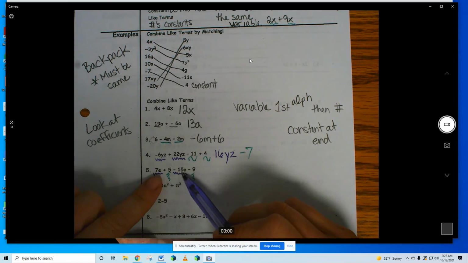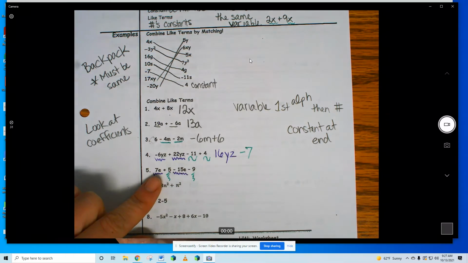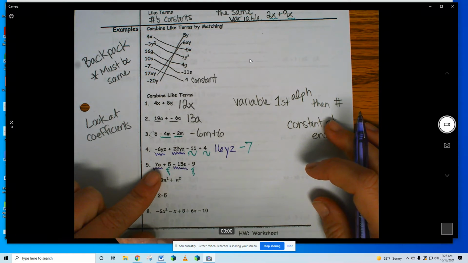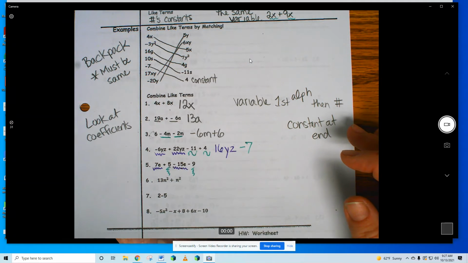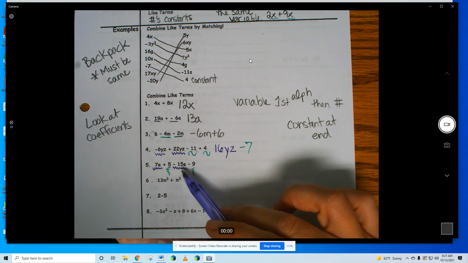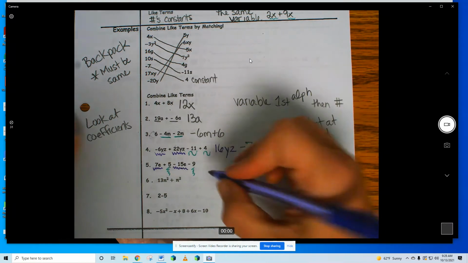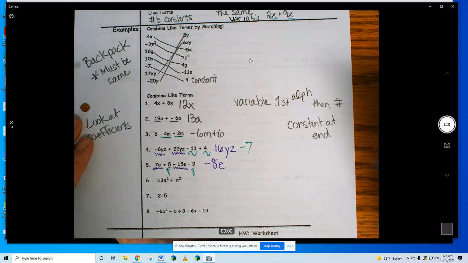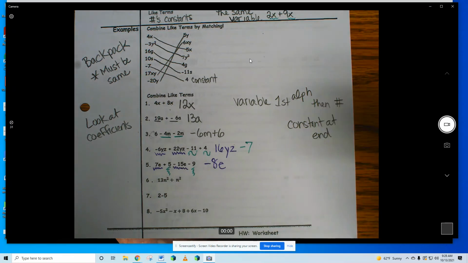What's 7e minus 15e? 7 minus 15. It's negative 8 because 15 is bigger and it has a negative sign. Negative 8e. All right, my constants. 5 minus 9. It's a 5 and a negative 9. 5 minus 9. Negative 4.